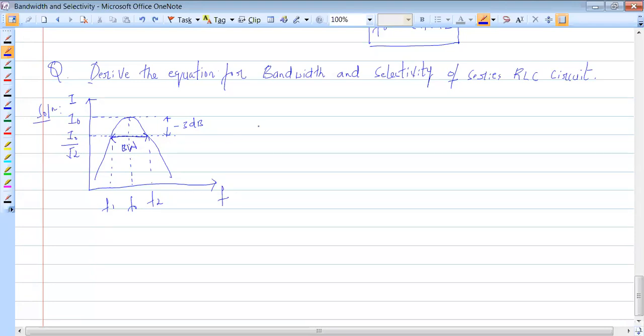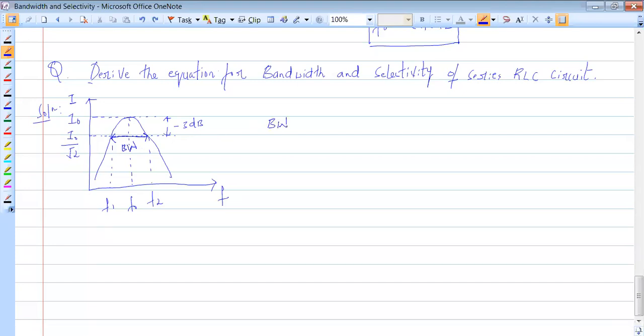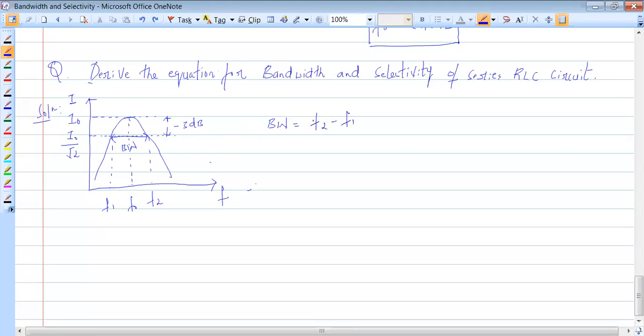By seeing this, what can you say? Can you tell me that in terms of the frequencies? Anybody? Can you unmute yourself and tell me? Bandwidth is here. This is the bandwidth. So F2 minus F1 is the bandwidth.